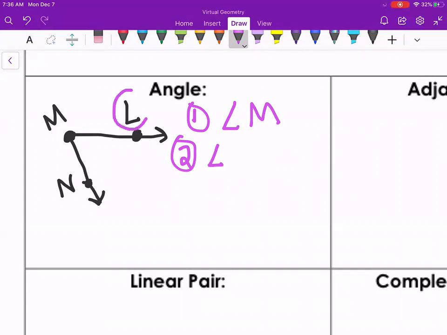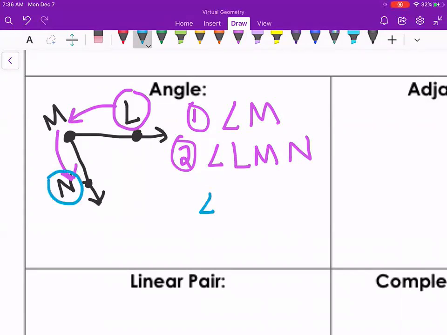So let's say if we start at L, then I follow back to M, and then I follow it out to the other arrow, N. Or we can reverse that. I'm actually going to do this one a different color. We can reverse it and start at the other arrow, N, follow it back to M, and then back out to L. And those were our 3 different ways that you can name.